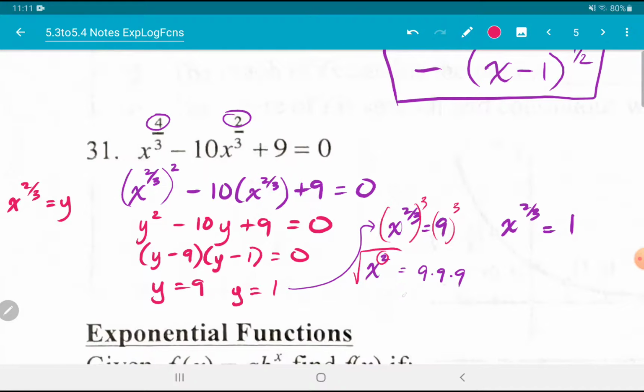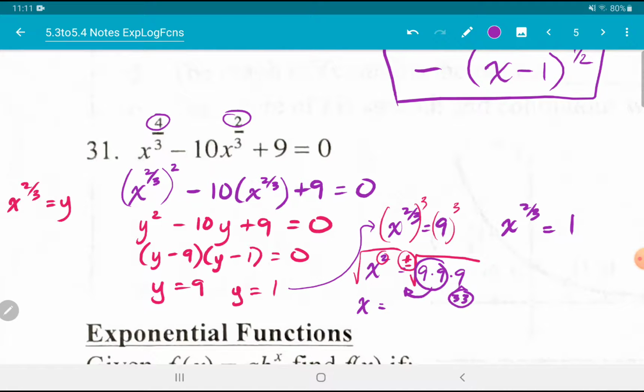Oh, but one thing you need to remember is that when you square root something, you also need to have a plus minus, so don't forget that part. Whenever you root something that is an even power, you always need to make sure you include plus minus. So what do we end up with now? We have x is equal to, if we take out the 9's because it's a square root, and technically 9 is 3 times 3, so we can take out another 3.